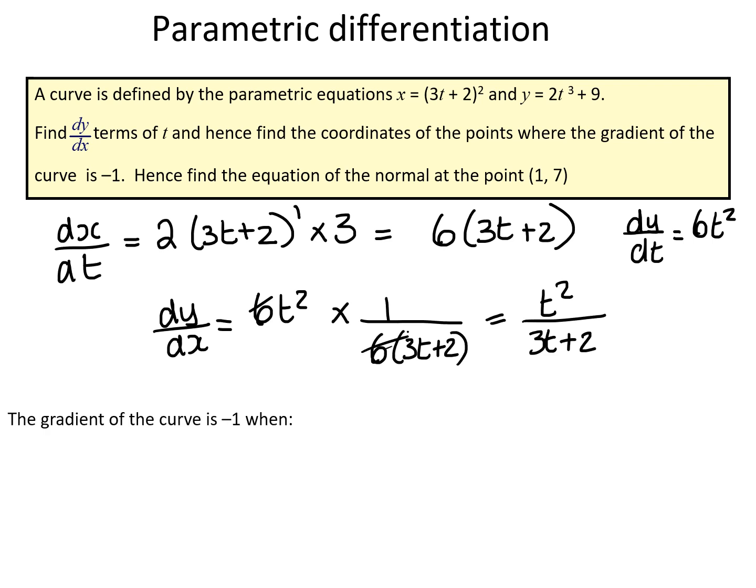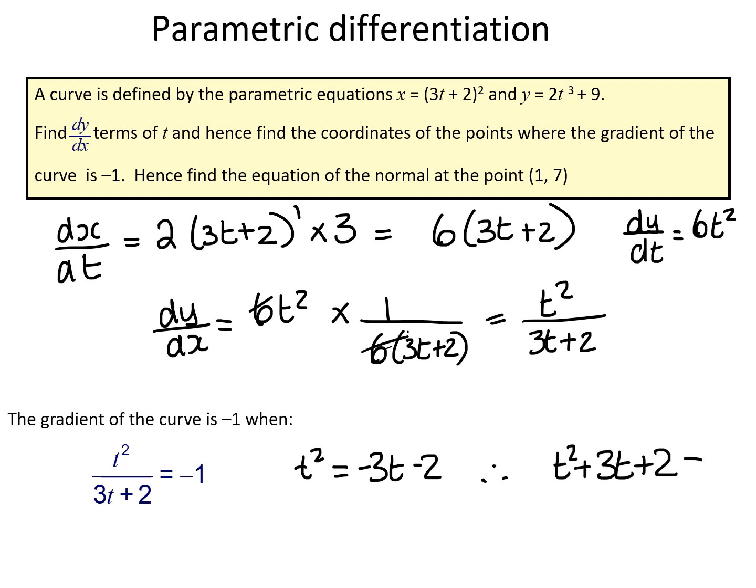Right, we're told the gradient is -1. Can we find the value of t for which this occurs, do you think? Equal it to -1. Get those two up there, so I'll get t squared equals -3t minus 2. We'll end up with a quadratic, won't we? Put that in your machine.